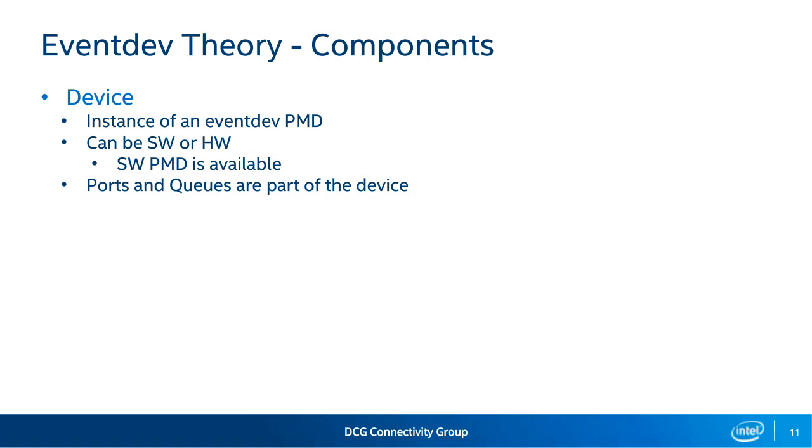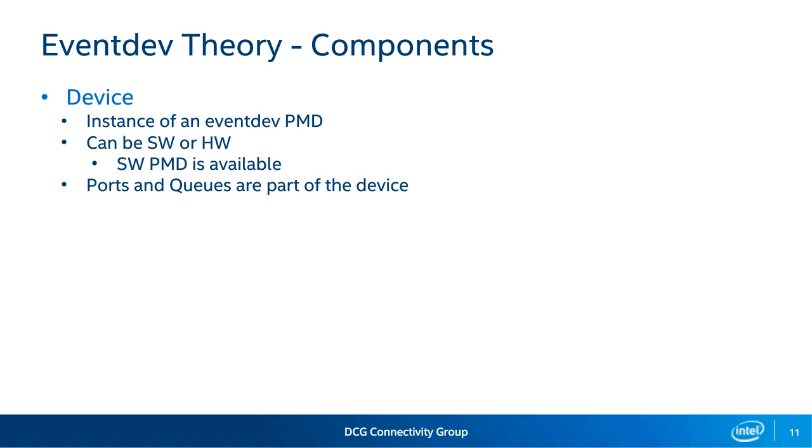Right, so the whole setup is called a device, meaning the entire SOC or multiple L cores that are all running together. So a device is one instance of the eventdev poll mode driver inside DPDK. As I said, it could be a software-based one or a hardware scheduler, and the software PMD is available right now, right?